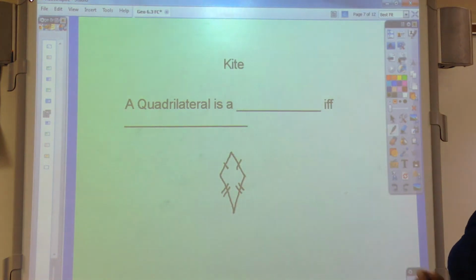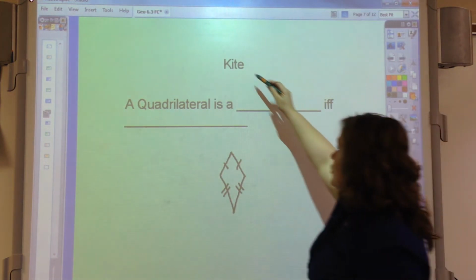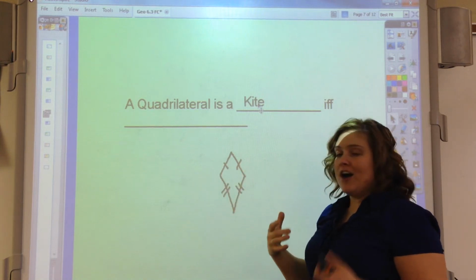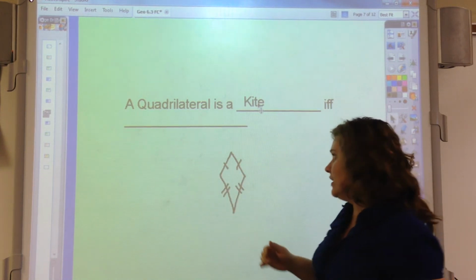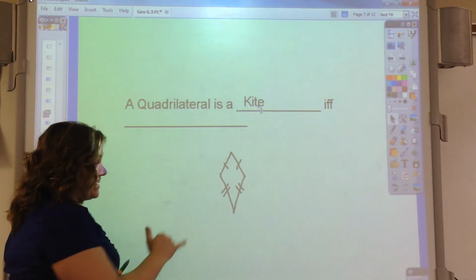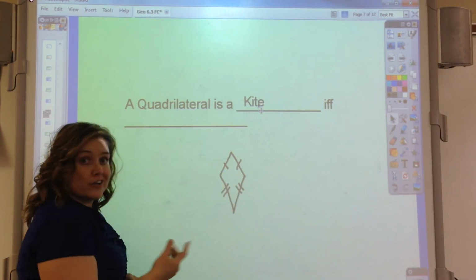All right, a kite is a quadrilateral if and only if it has two pairs of consecutive congruent side lengths. Notice how these two side lengths are congruent and consecutive, and these two are congruent and consecutive.